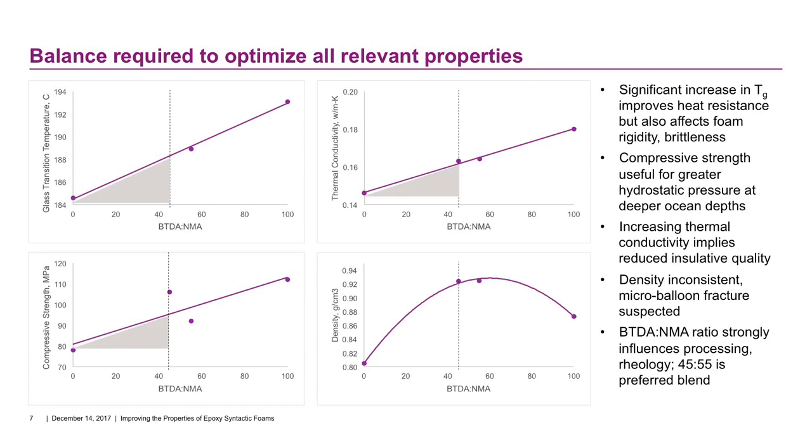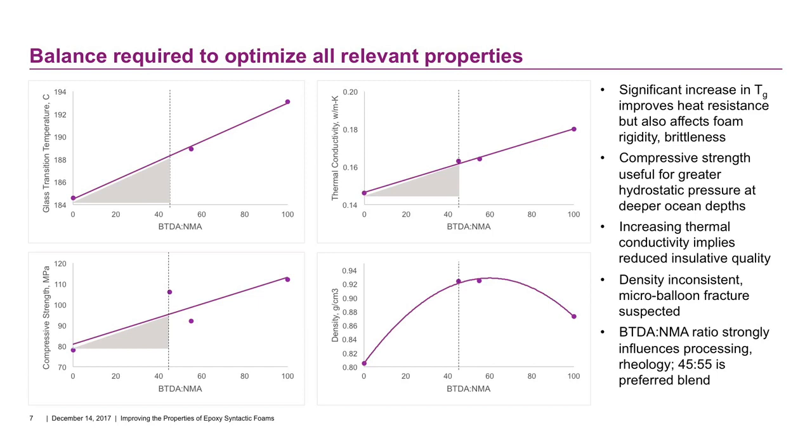But what we have here is, and it's a little bit of a busy slide, but I wanted to present everything to you here so that you could see the relationship of one property to another. Each property is shown as a function of curative ratio, and we start with the upper left corner, which is glass transition temperature.